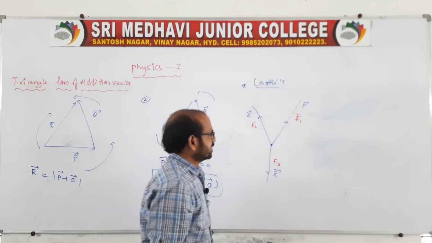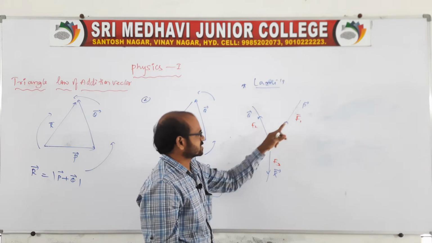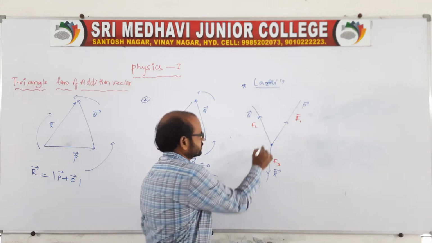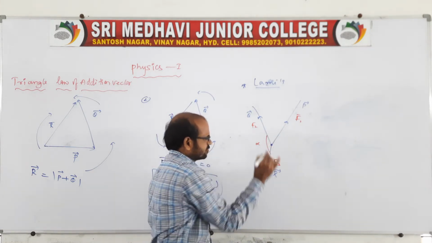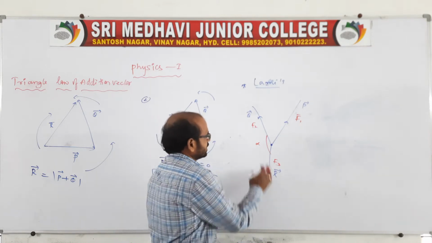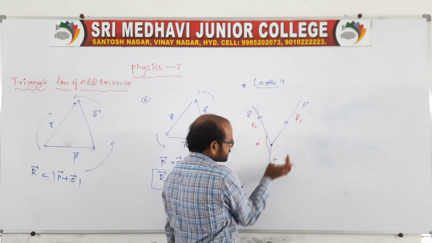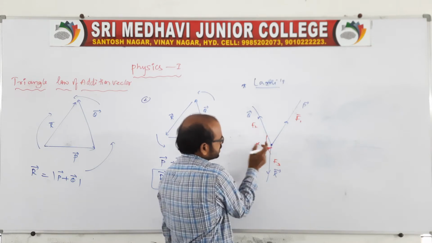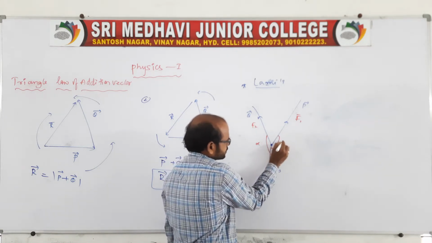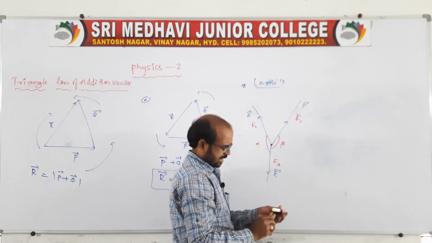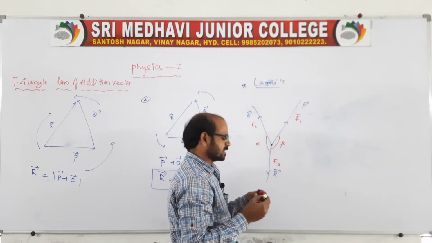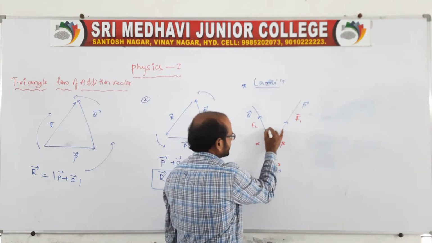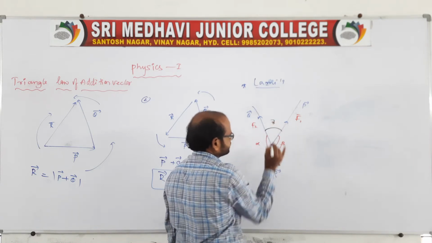The angle between the two forces opposite to F1 is alpha. The angle between the two forces opposite to F2 is beta. And the angle between the two forces opposite to F3 is gamma.